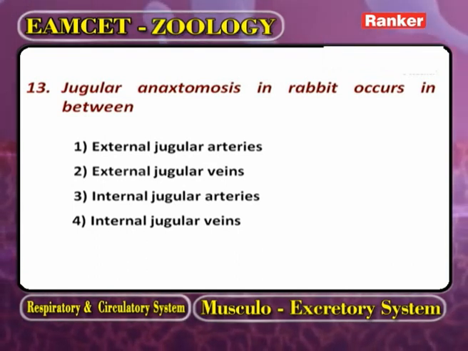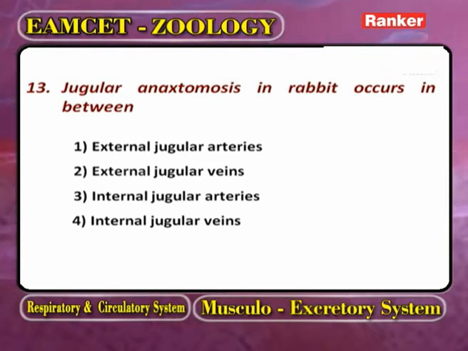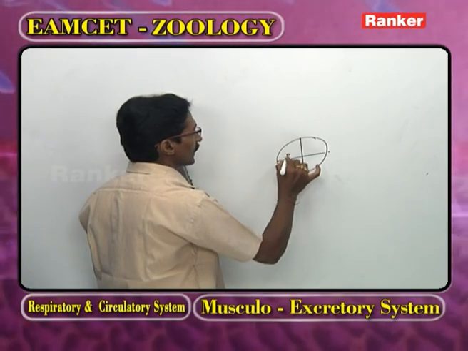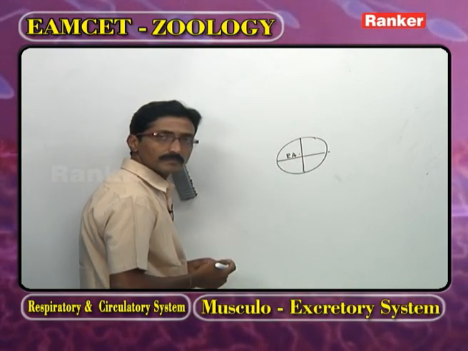Jugular anastomosis in rabbit occurs between. Now as we observe the venous system of rabbit, this one we call the right atrium.